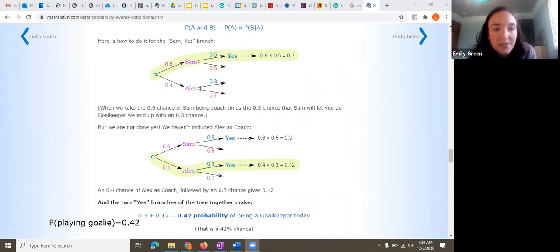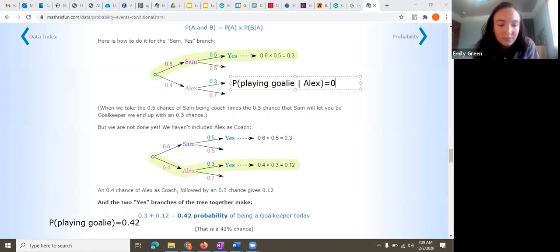So we see that Alex is the coach. And when Alex is the coach, you have a 0.3 chance of being goalie. So this 0.3, that is the probability of playing goalie given, which I don't have a good symbol for, but, oh, there we go, given Alex is the coach.